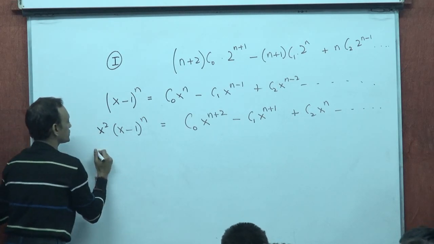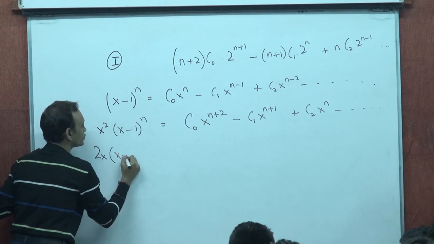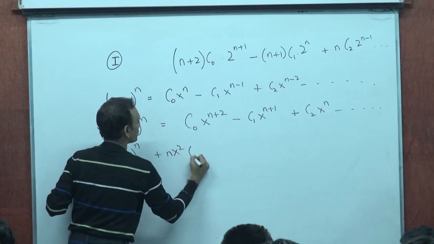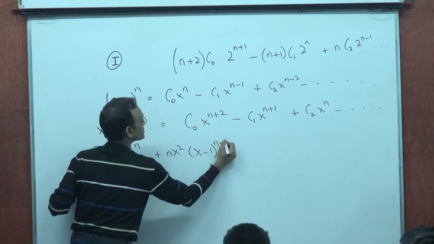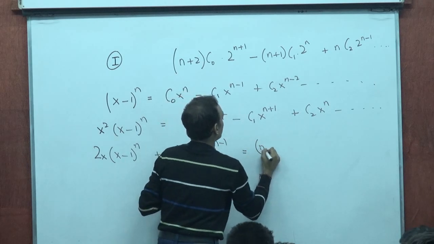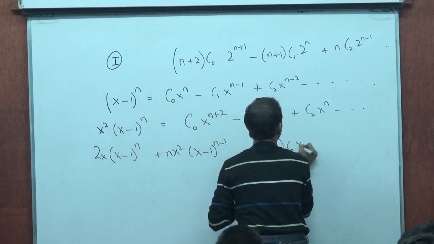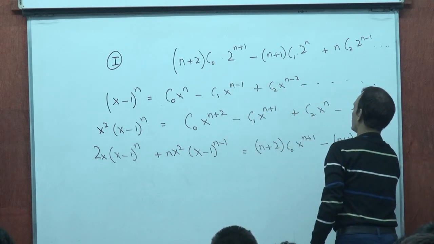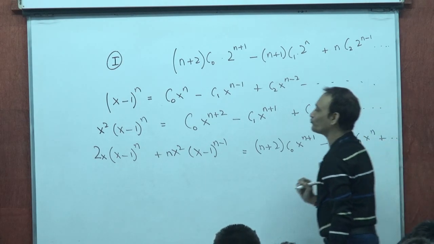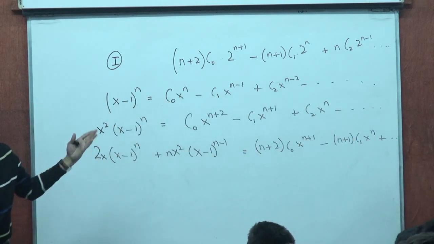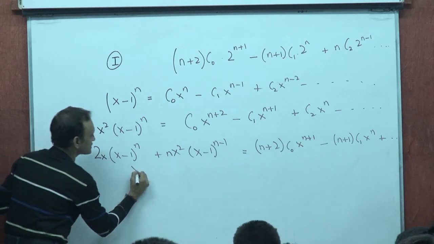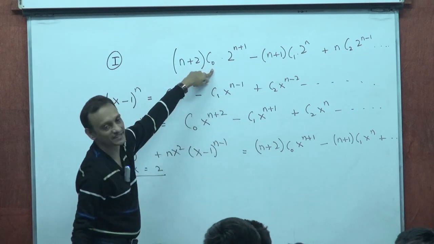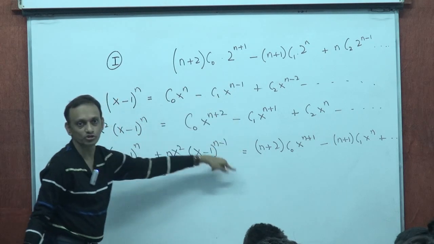When I differentiate, I get 2x(x-1)^n plus n x^2 (x-1)^(n-1), equal to (n+2)C0 x^(n+1) minus (n+1)C1 x^n, and so on and so forth. What would you next do? Put x equal to 2 on both sides. If you plug in x equal to 2, you get the right hand side as desired.